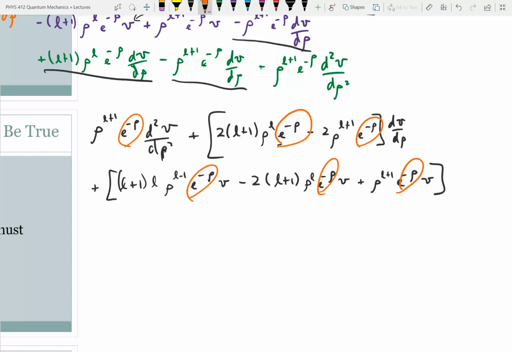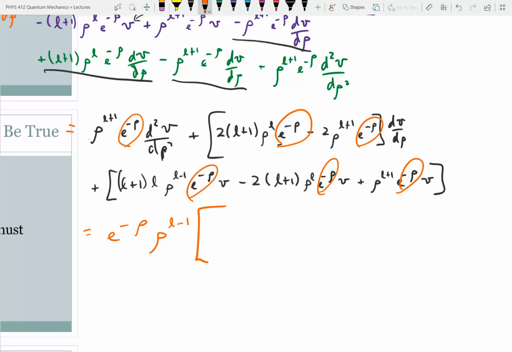And we have rho raised to a power of L plus 1, L or L minus 1 in every term. So we can pull out e to the minus rho because that was in every term. And I'm going to take out a rho to the L minus 1 from every term.